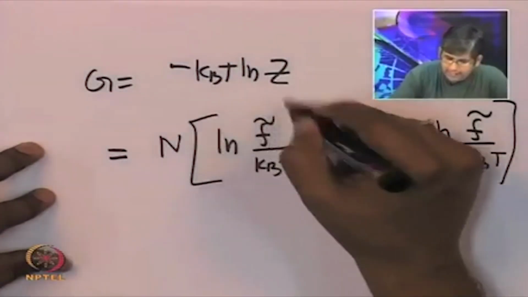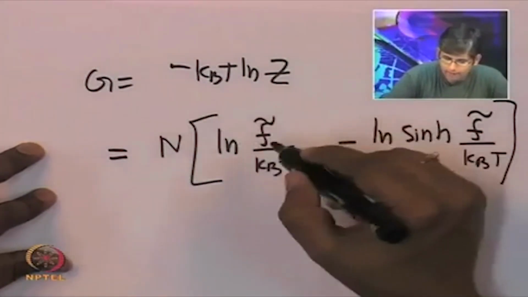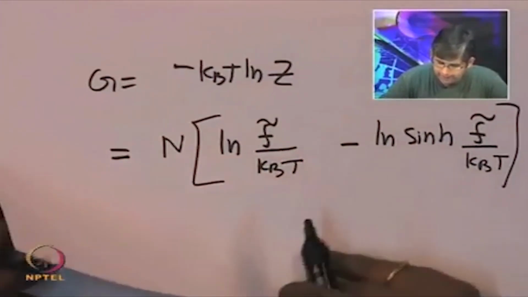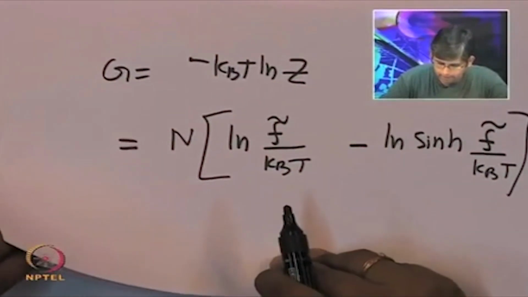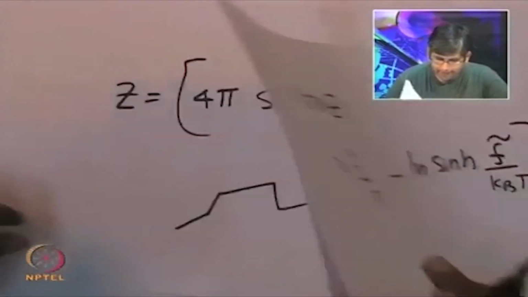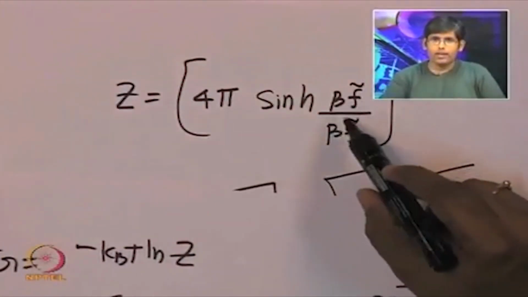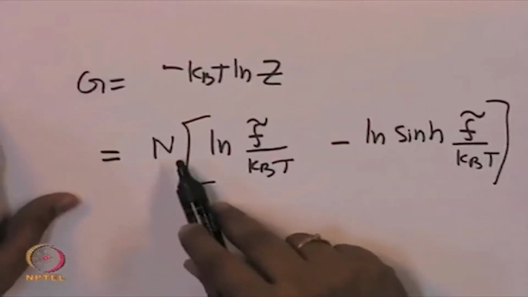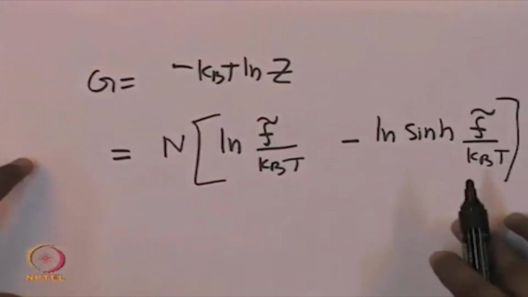So, this is just taking the log of that partition function that we had written. If you take beta as 1 over k_B T and then take the log of this Z and take a minus sign, you will get this particular answer.